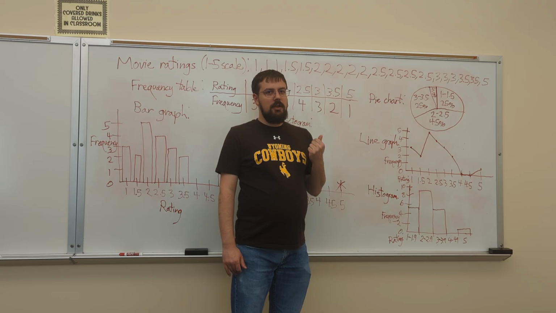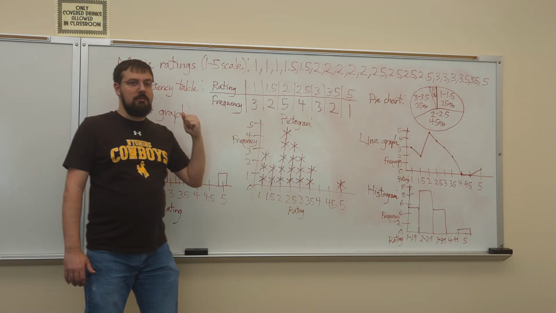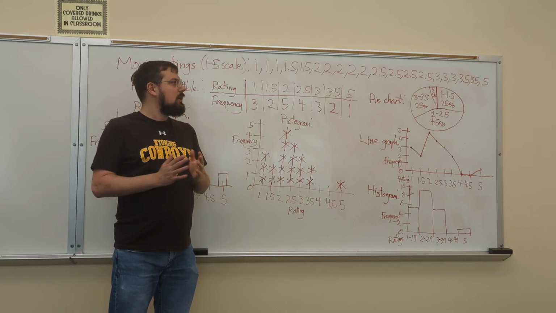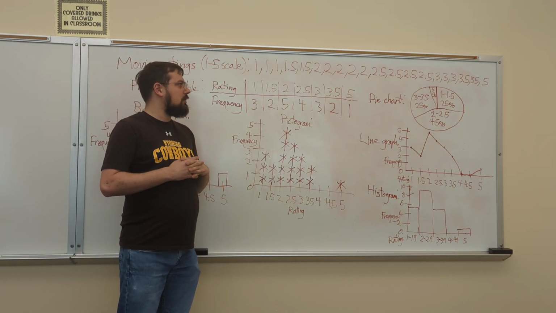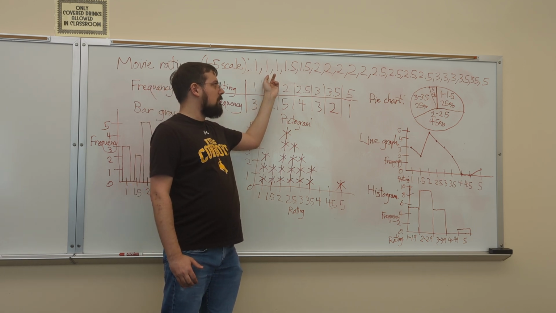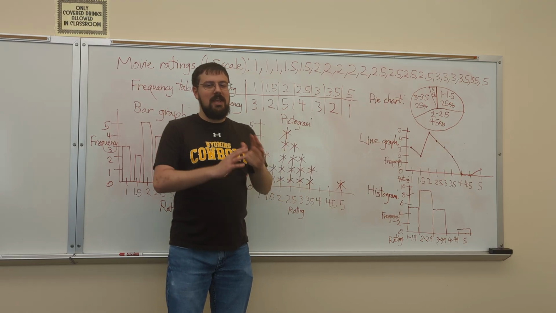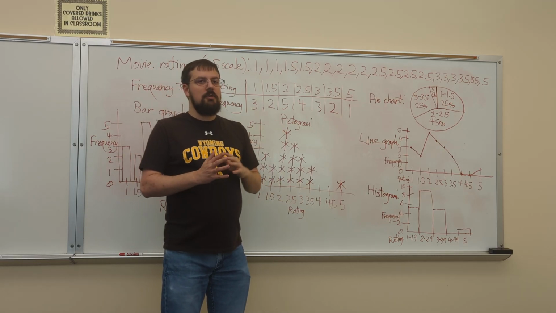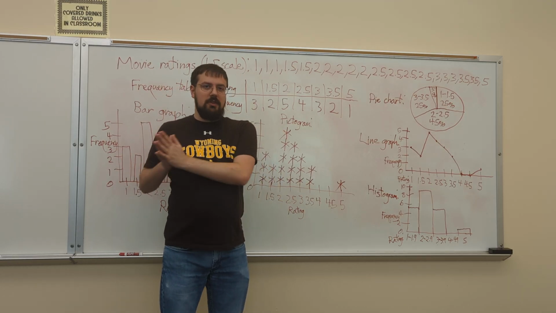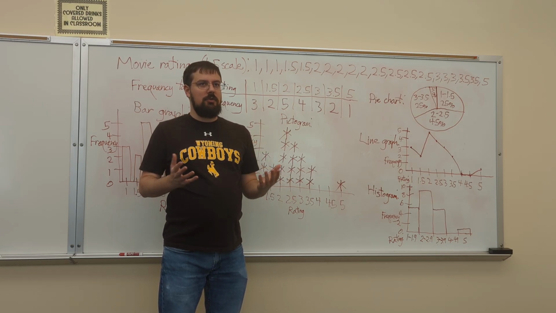Histograms are particularly useful for what we call continuous variables. So in this case, with the movie ratings, we're dealing with what we call a discrete variable. In other words, our movie ratings in this case can only have values of something 0.0 or something 0.5 basically in that 1 to 5 range. So there's fixed values that our variable can have. We would call this a discrete variable.